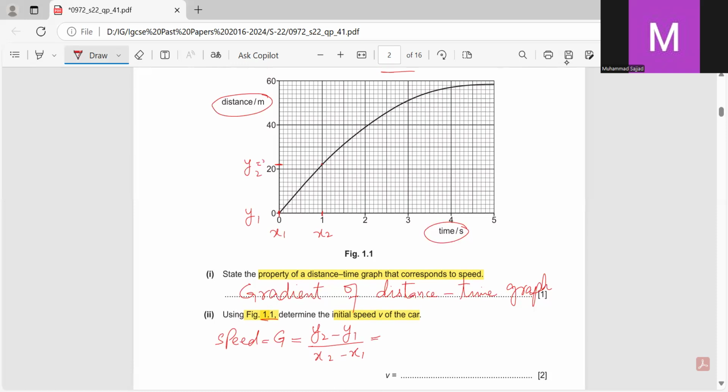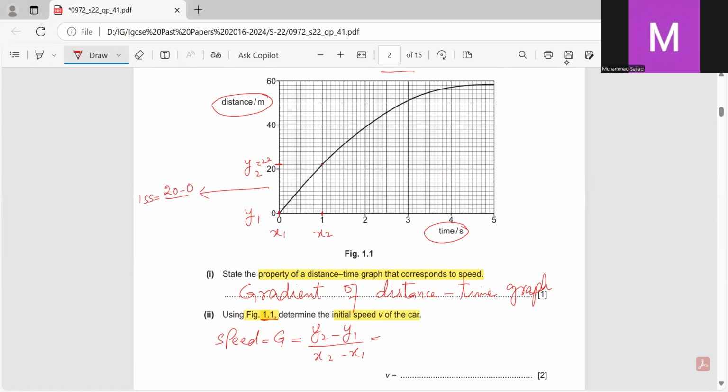This y2 is equal to 22. Why 22? As usual, I always tell you to take what is represented by one small division, one small square. So 1 SS, one small square, is equal to 20 minus 0 over 10. In the numerator, take the difference between two consecutively marked values, like 20 minus 0, 40 minus 20, 60 minus 40.